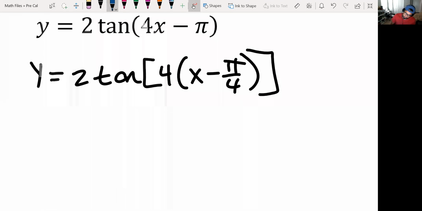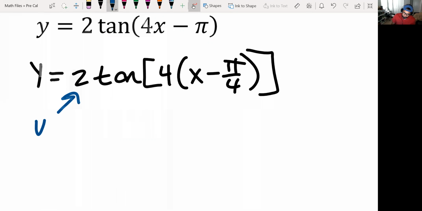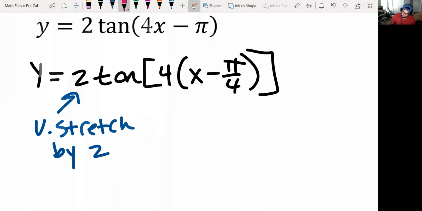And then once again, label your transformations. You have a vertical stretch by 2. You've got a horizontal compression by 1/4.